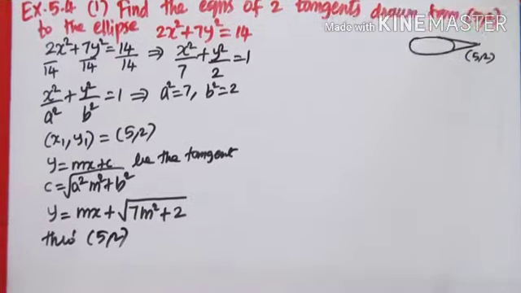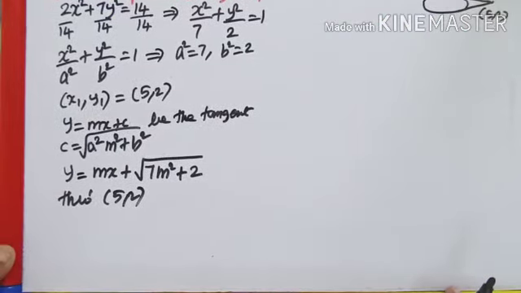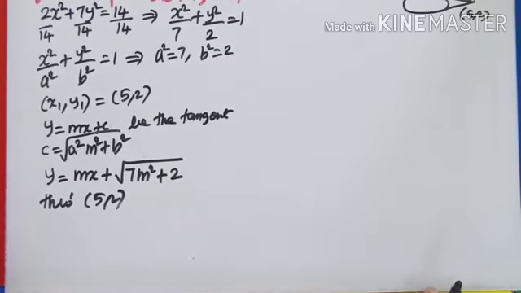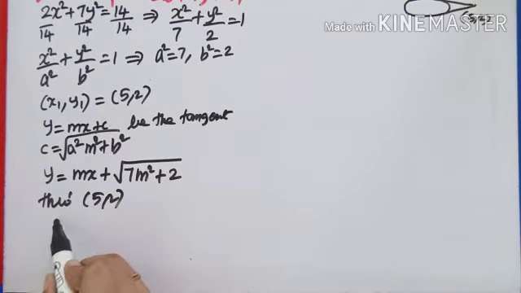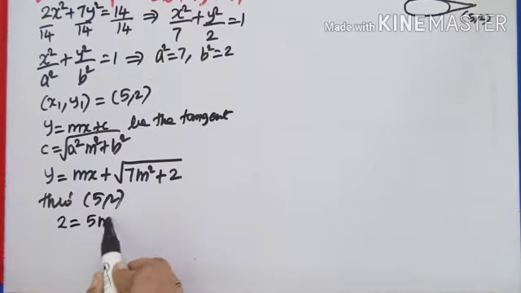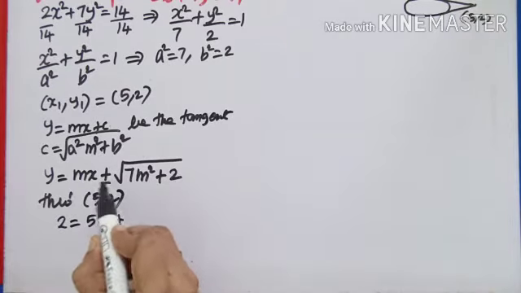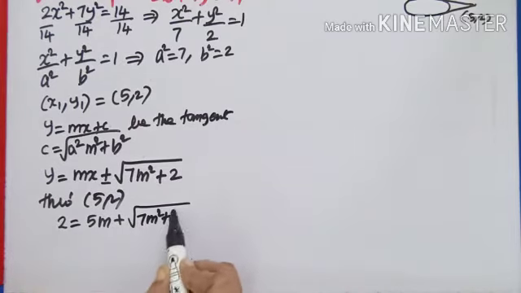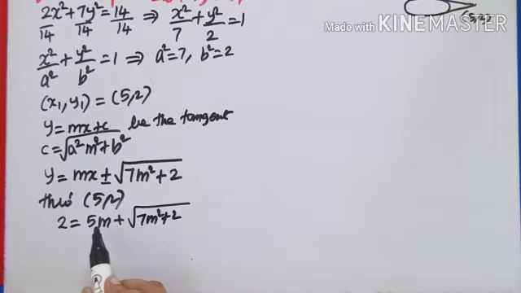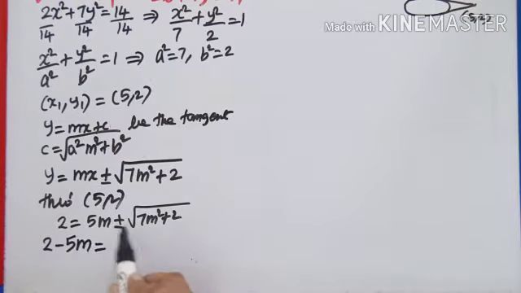What do you mean by passing through? It must satisfy the equation. So wherever x and y are coming, put 5, 2. 2 equals 5m plus or minus, whenever I put square root, put plus or minus, root of 7m square plus 2. Bringing 5m to the left side, 2 minus 5m is plus or minus root of 7m square plus 2.